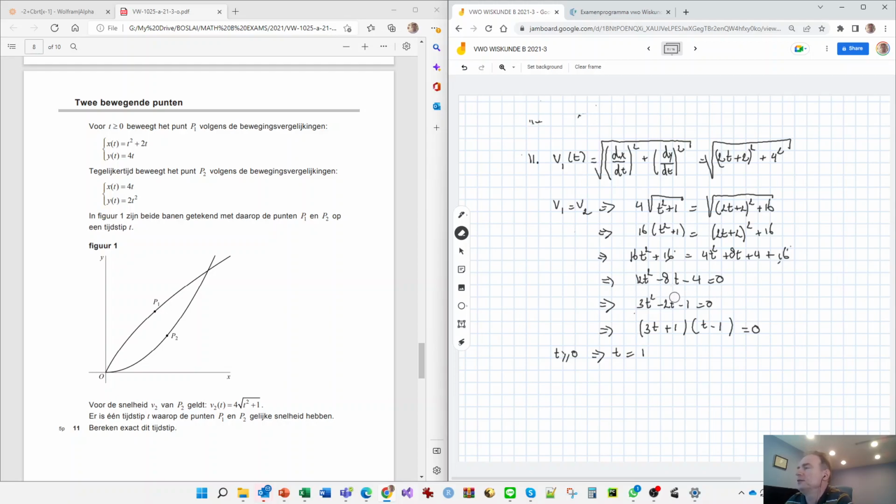Or put it in your graphic calculator, and it will say, oh, this is 0.3333 and 1, so then you know that it has to be 3t plus 1 times t minus 1. And since t has to be greater or equal to 0, the only solution we can accept is t equal to 1, which is the final answer.